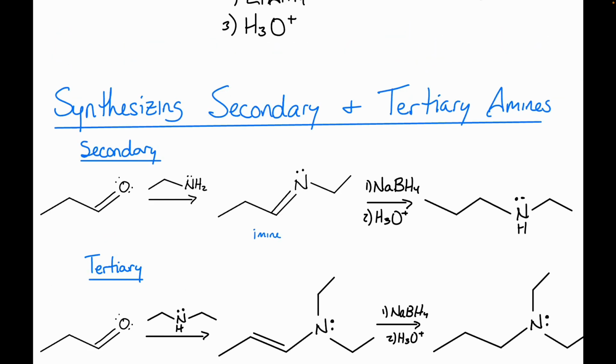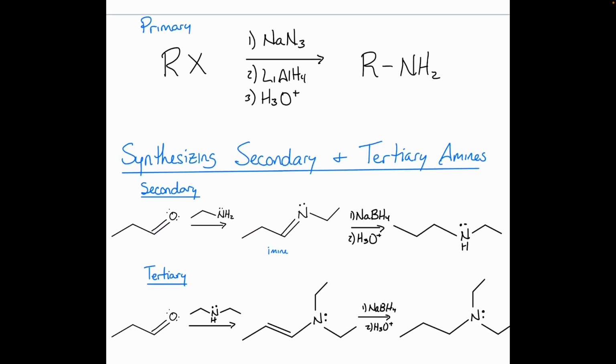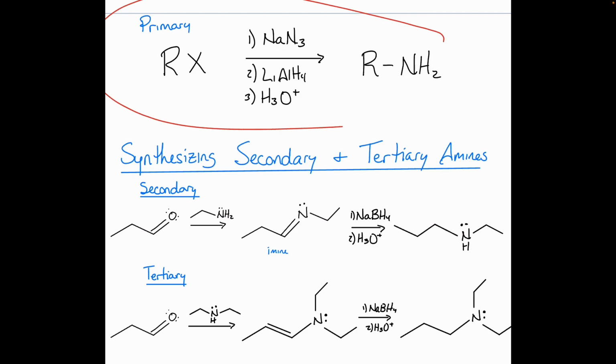All right, so for primary amines, we use this Gabriel amine synthesis method using that sodium azide and then reducing it. For secondary or tertiary amines, we're going to start with an aldehyde or ketone.